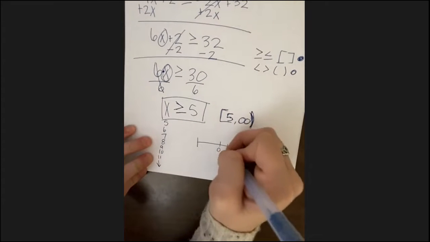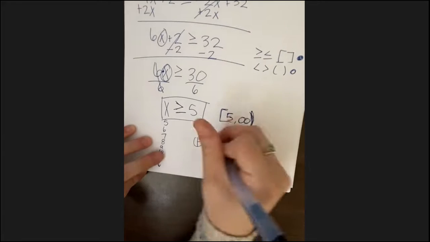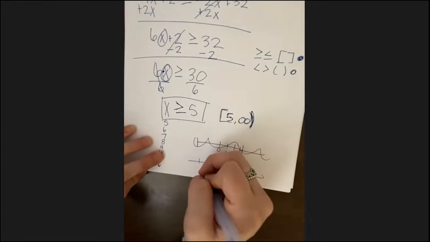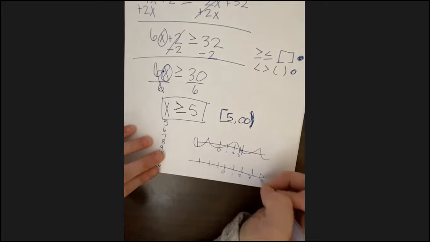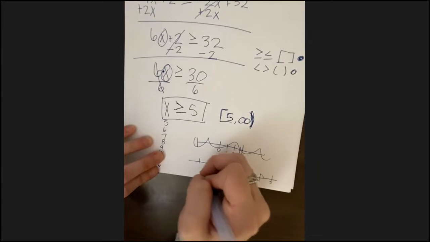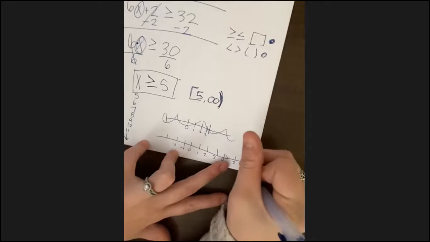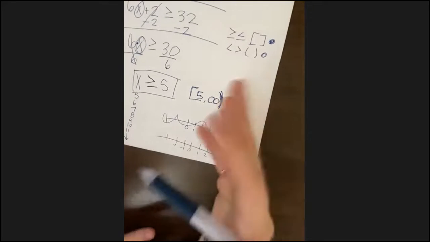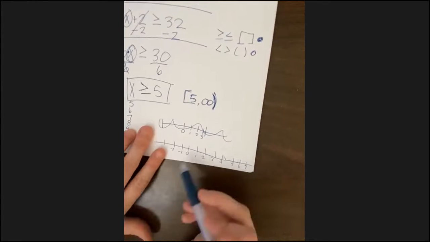So I had a number line. Zero, 1, 2, 3, 4, 5. Okay. Probably should have used different numbers. Normally you already have a number line there.